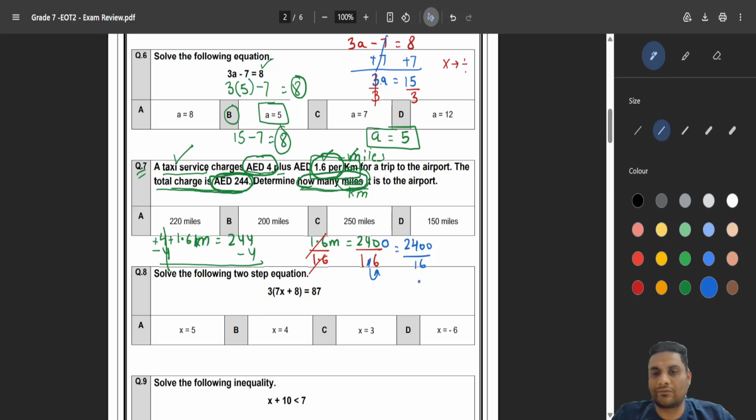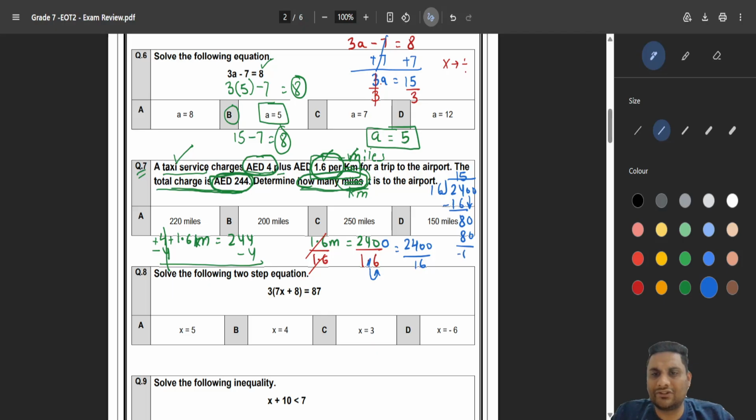Okay. Now we have to do division. Let us do it here. 2400 divided by 16. I will take 16 times 1, 16. Okay. I will do minus. 24 minus 16 is 8. The next 0 will come down. 16 times how much give me 80? 16 times 5 gives me 80.